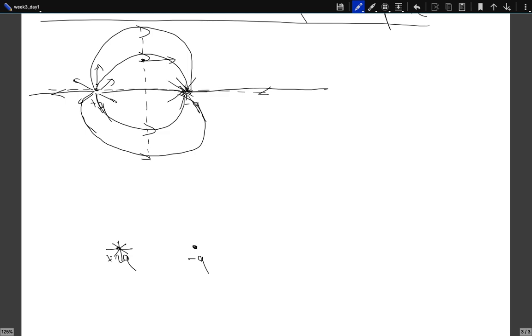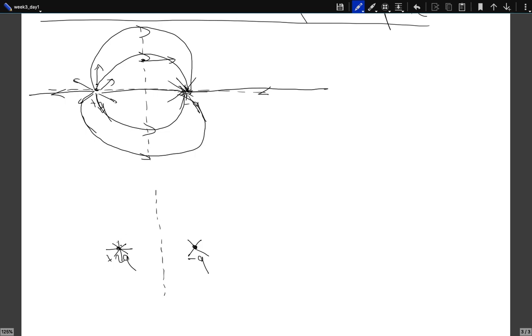Along this vertical bisector, the plus 2q charge will create a larger electric field at a given point than this one. So it won't be horizontal. At this point, it will be pointing somewhat away. It will be inclined away from the horizontal line.